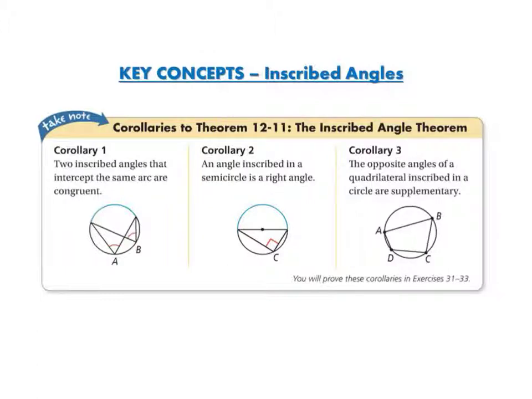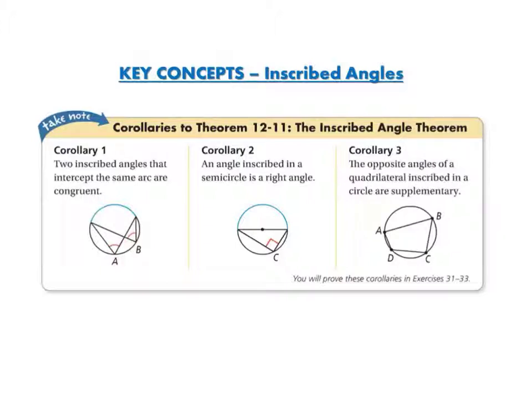Now here are 3 different corollaries to that theorem. The first one is that if you have 2 inscribed angles and they intercept the same arc, so here's the intercepted arc and there are my 2 inscribed angles, then they are congruent. So angle A and angle B are congruent.